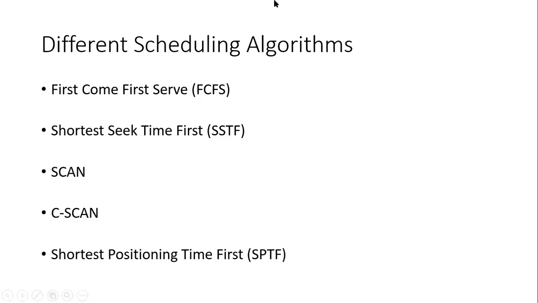Some students had a query, which was given in the assignment, whether SSTF and SPTF are the same or not. No, both algorithms are different. One uses the rotational latency, the other does not use the rotational latency. That is actually the difference. Even in some books you might have seen LOOK and C-LOOK also, but as they are not in the syllabus, I have not mentioned them. But when we discuss SCAN and C-SCAN, I'll also talk about LOOK and C-LOOK.